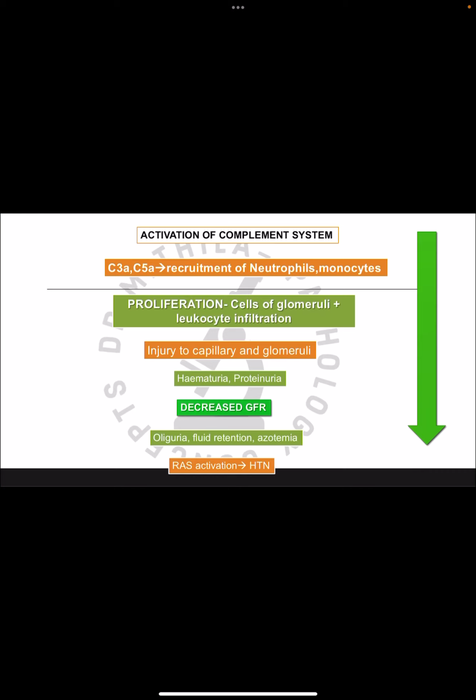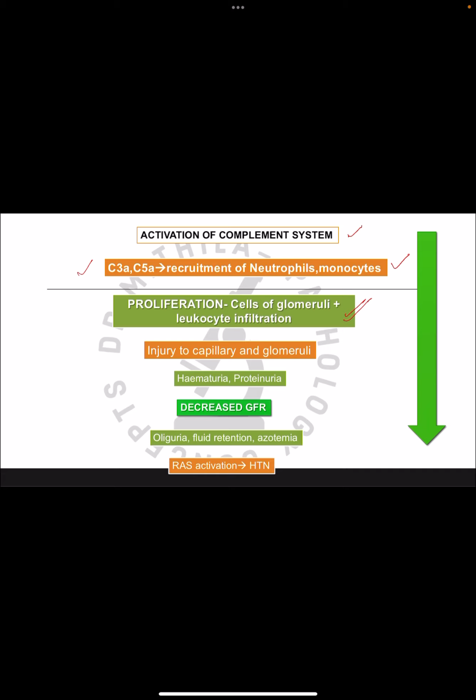So this is in the flowchart form. So there is activation of the complement system, then C3a, C5a formation, also formation of the membrane attack complex, that will cause damage to the cells of the glomeruli and recruitment of these inflammatory cells. Then there will be release of the cytokines, chemokines, and ultimately there will be proliferation of the cells in the glomeruli, and there will be leukocytic infiltration.